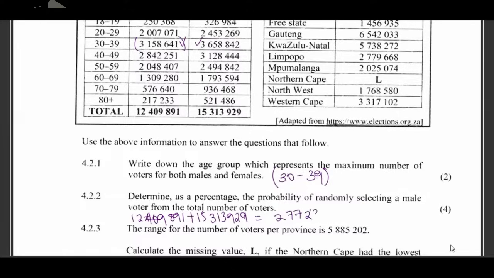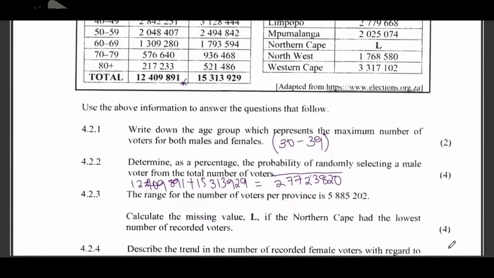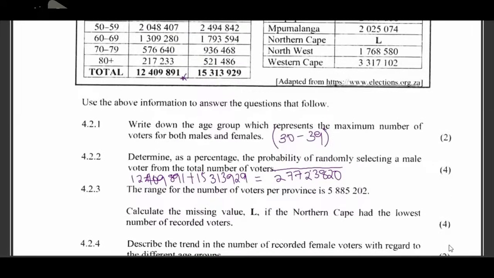So remember the probability is to pick. The total number is to pick. So it's going to be the number of male voters who are these ones here over that number that we've just got. Probability of randomly selecting a male voter. They didn't tell us which province or which area. So it's straightforward.